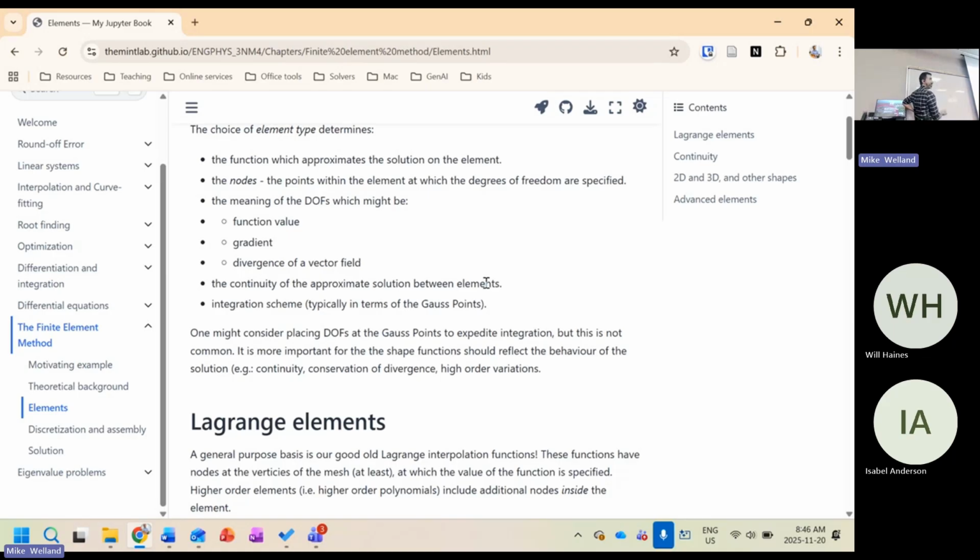You don't have a continuous function, but your slope is the same on either side. Is this better? For elasticity, actually, yes, because your strain is equal to grad u. So if this is your u function, it doesn't actually matter.